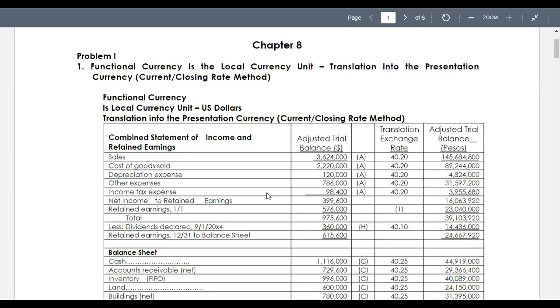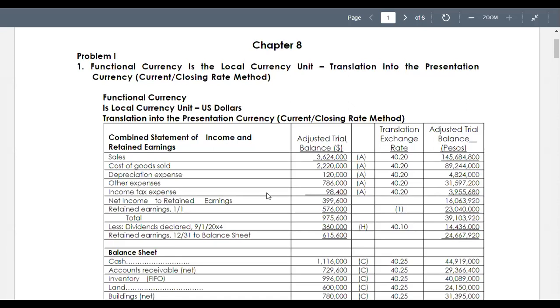However, if the beginning retained earnings are already a composite of pre-acquisition and post-acquisition retained earnings, it is not possible to translate the amount at only a single rate, as the amount is already an accumulation of 2 or more years' earnings.